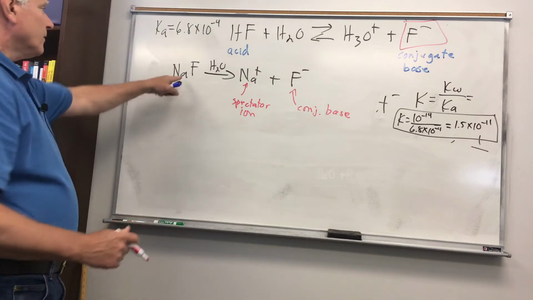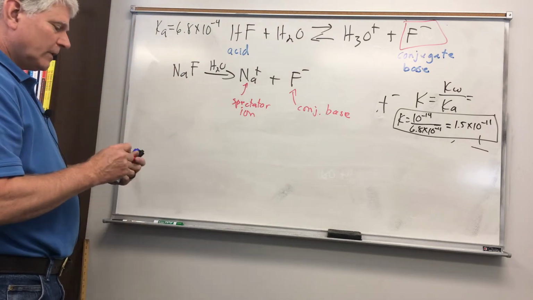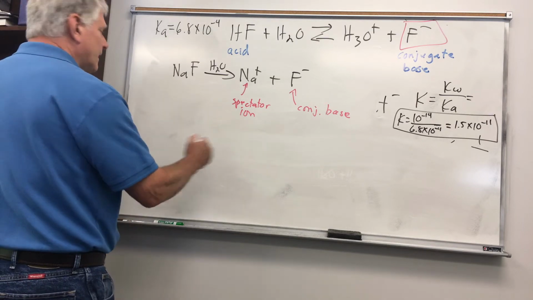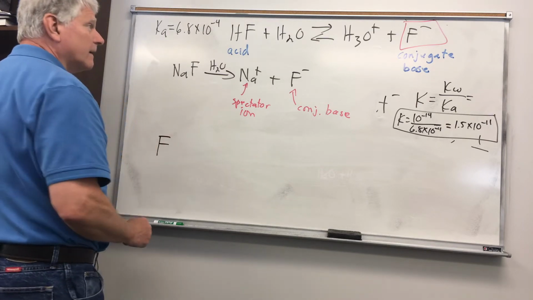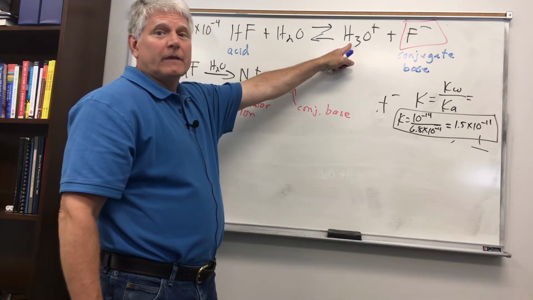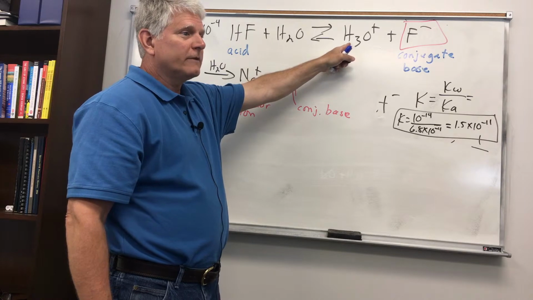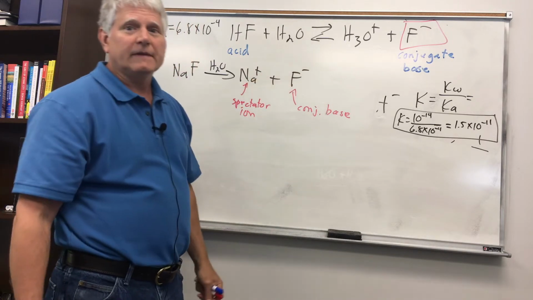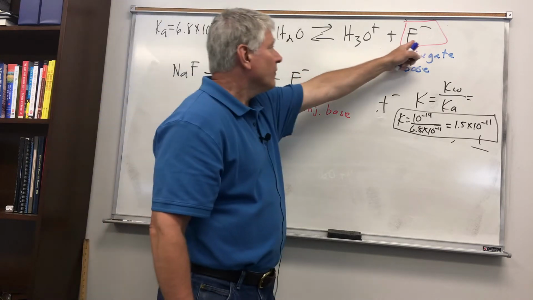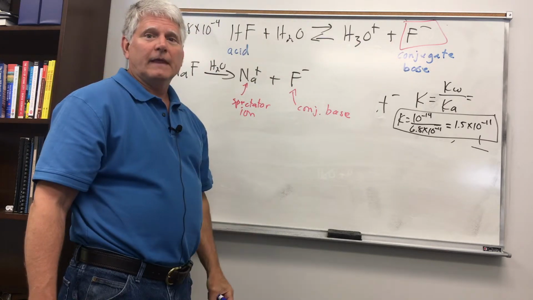If we take sodium fluoride in water, the equilibrium that will occur would be F minus reacting with water. Now, there's hardly any H3O plus in water. The concentration in pure water is 10 to the minus 7th molar. So there's not much H3O plus, so this reverse reaction is not that important.